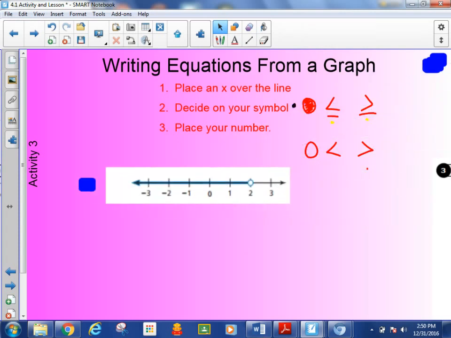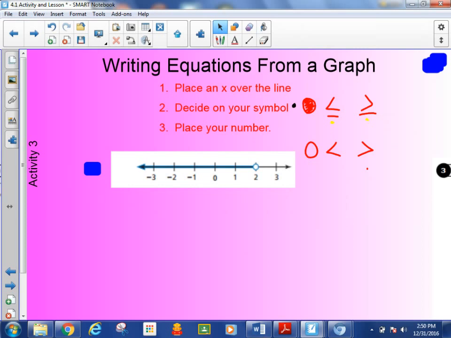We'll practice one more. Okay, so the number that I have is 2, and we'll use M this time. And it's an open circle, so I'm going to pick one of these two. And M is to the left, or the smaller number. So that means 2 is the bigger number. So 2 is the one getting eaten. So M is less than 2 would be our inequality.